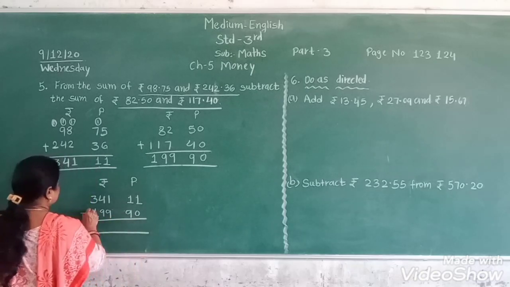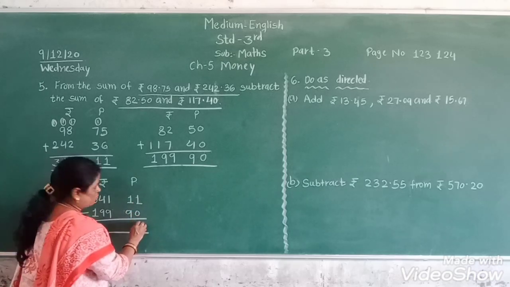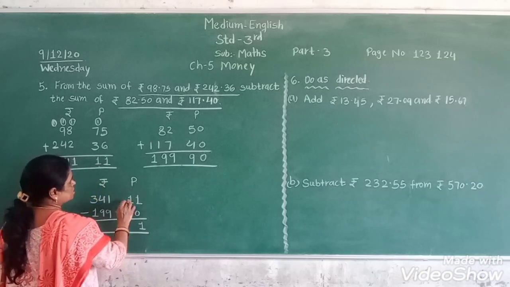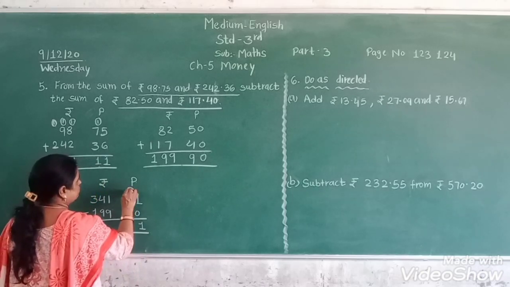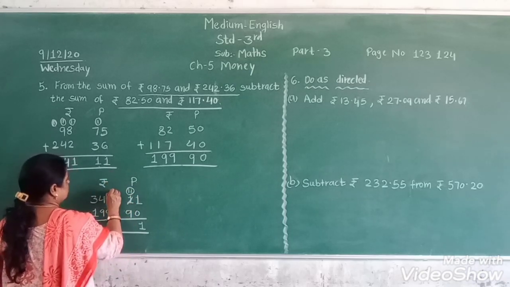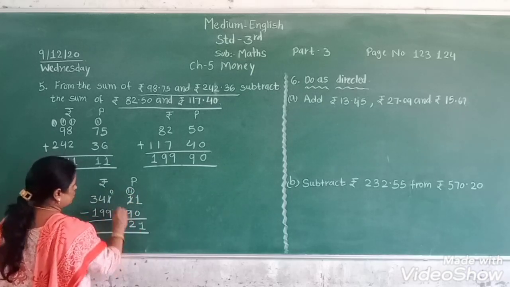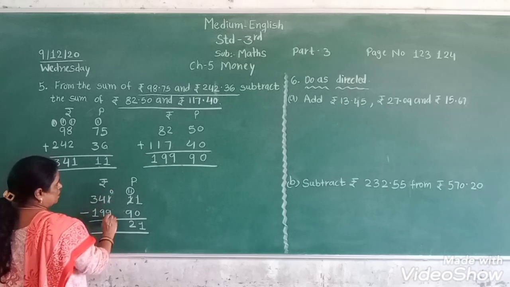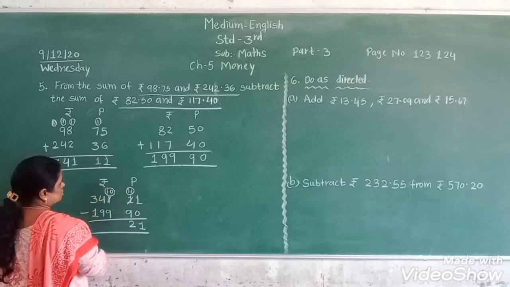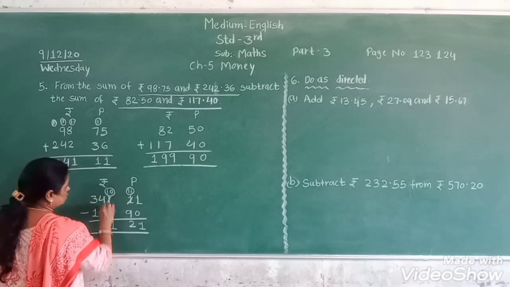Okay, now we will do the subtraction. 9 cannot be subtracted from 1, so we take a borrow, 11, and here 0. 11 minus 9, 2. 9 cannot be subtracted from 0, so we take a borrow again, 10. 10 minus 9, 1.